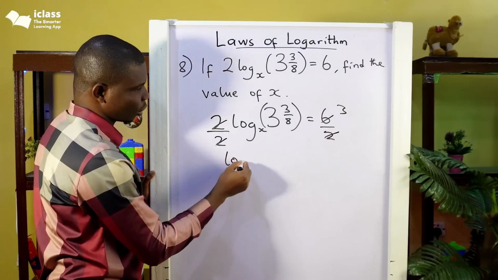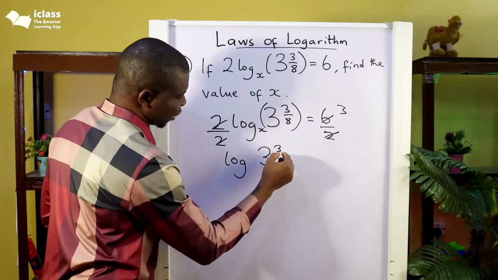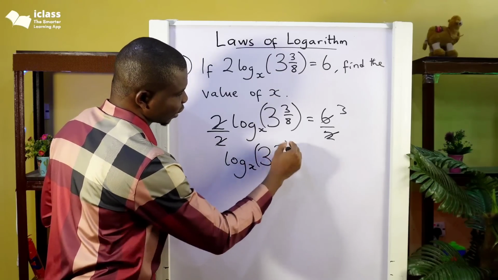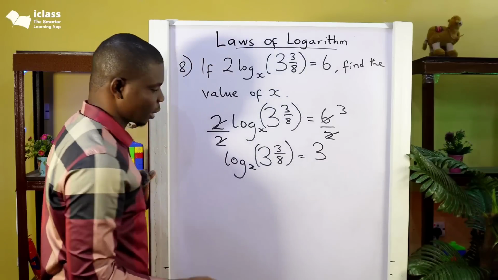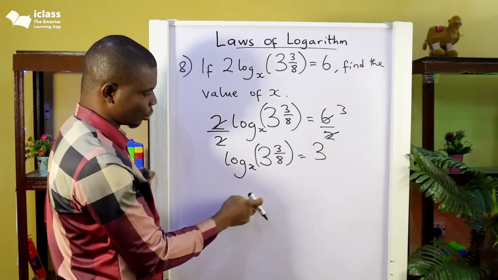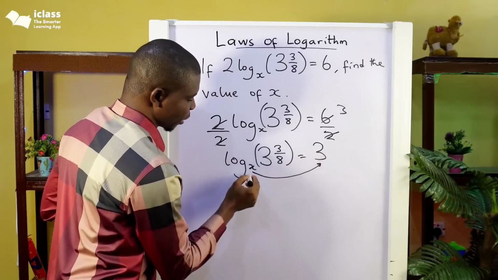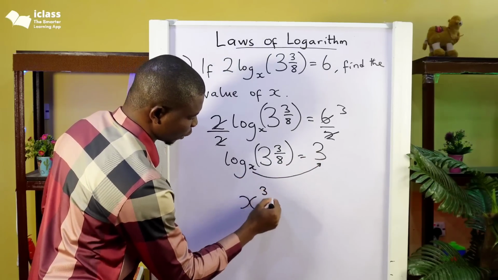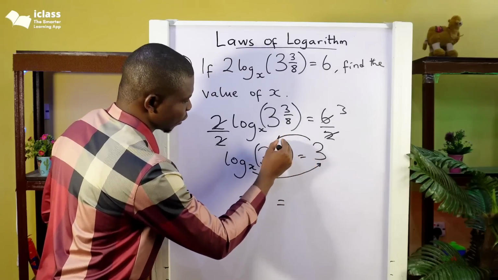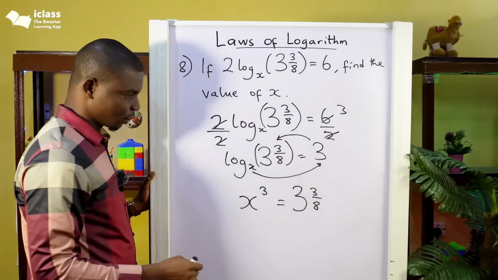So this will be log 3 whole number 3 over 8 base x equals 3, right? Now I can change this logarithm equation to an index equation by raising x to the power 3 to give me 3 whole number 3 over 8.